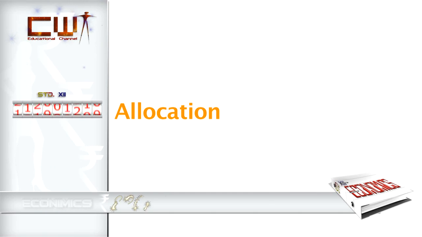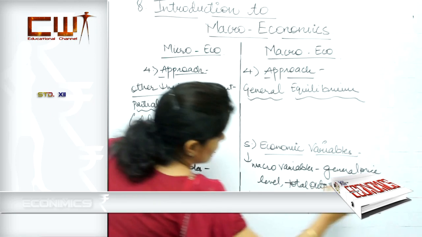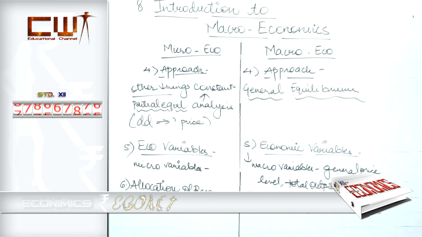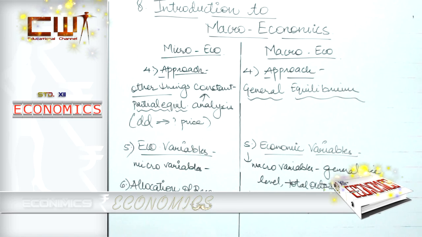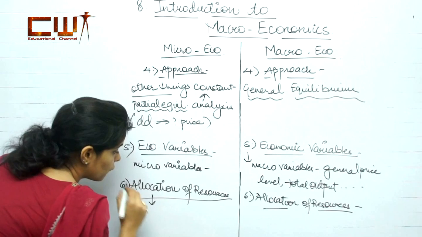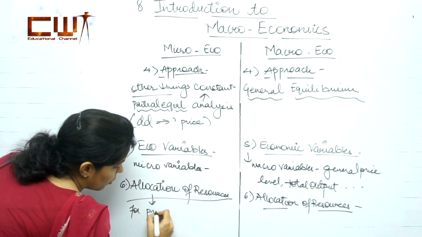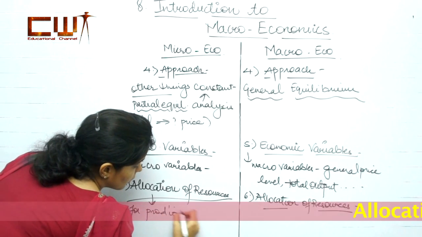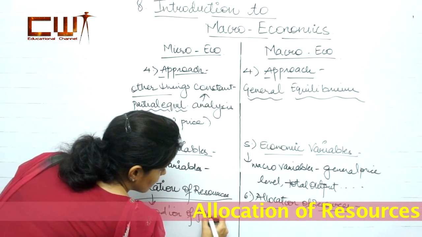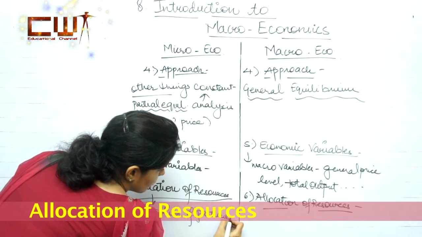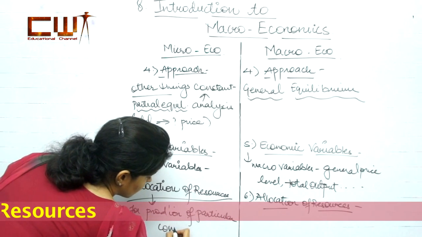Last is allocation of resources. Microeconomics is concerned with the allocation of resources for the production of a particular product, a particular commodity.